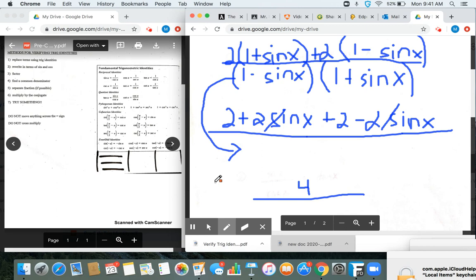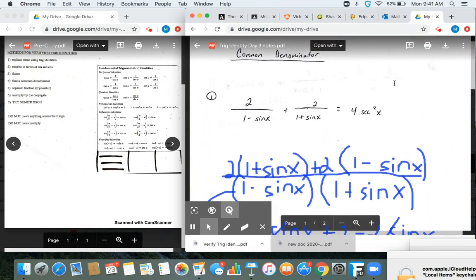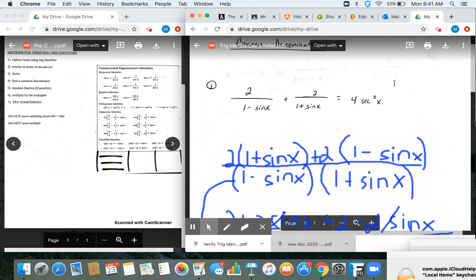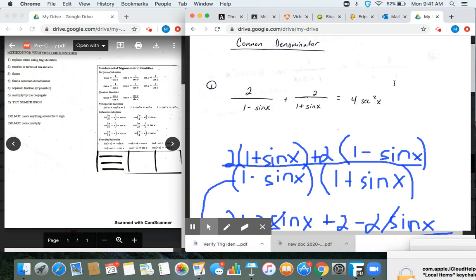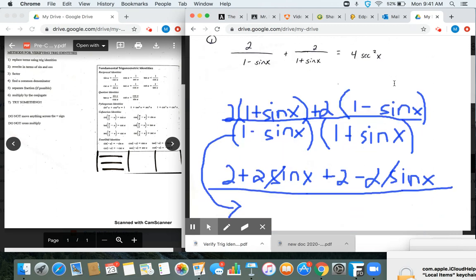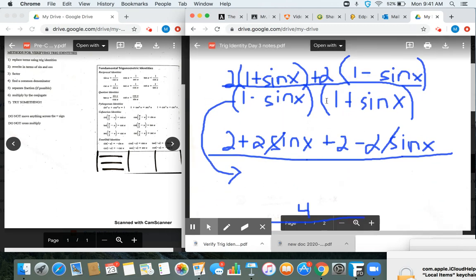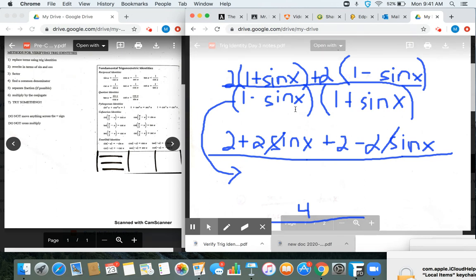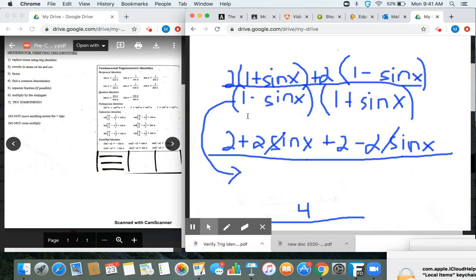Now, what I am going to do in this next step is, because I know we have to somehow get secant. Secant, I know, is the reciprocal of cosine, so it'd be great if I can get cosine somewhere in this problem. And I'm looking at the denominator here, and if I just write that down, we're not really getting anywhere. But maybe if I multiply these, let's see where it gets.